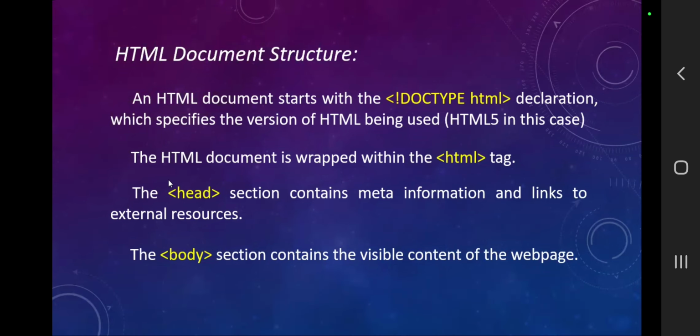Same like that, if I want to identify what the document is, what type of document it is, I can refer to the head tag. Then every content is given inside the body tag, the visible contents of the web page. So this is the primary document structure.